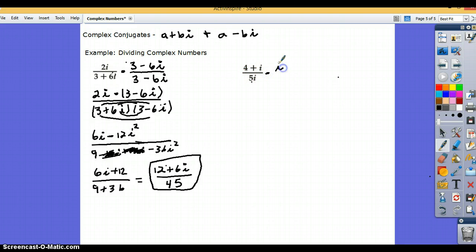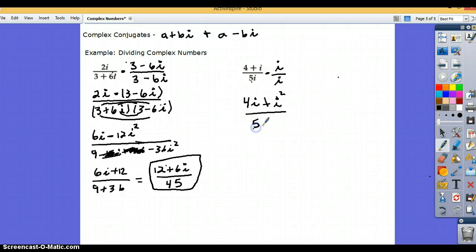All right, a whole lot easier when it's just a pure imaginary number. In this case, we're just going to multiply both the numerator and denominator by i. Okay, so that's 4i, right? 4 times i, and then i times i, so plus i squared over, and when I multiply here, we get what?